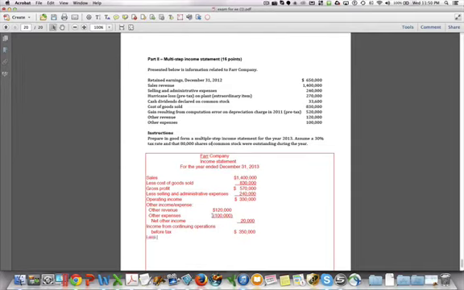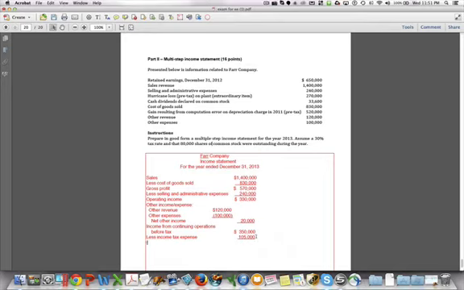Less income tax expense. And that's going to be 30% as given up above. 10% would be 35, 20 would be 70, 30 would be 105,000. And again, since we have used the word less over here, we do not put parentheses here.